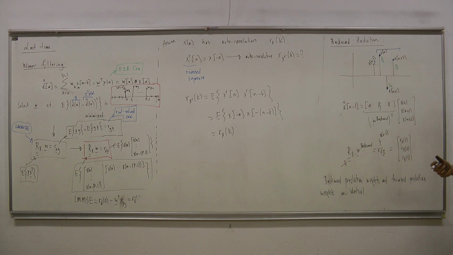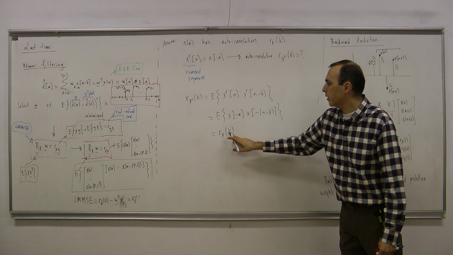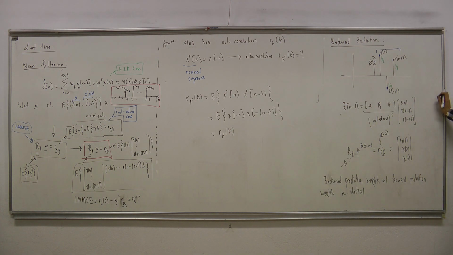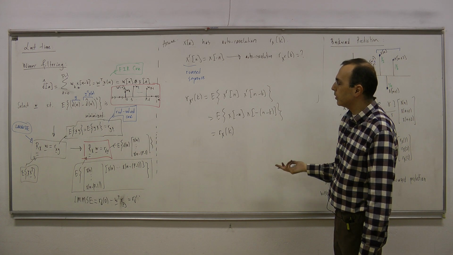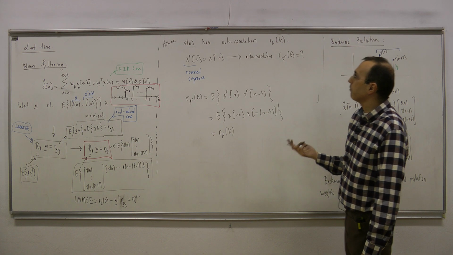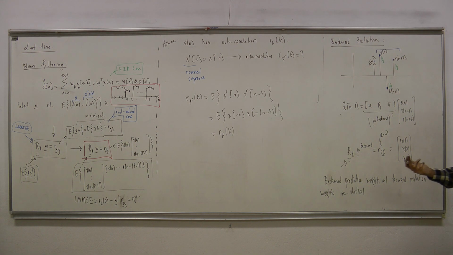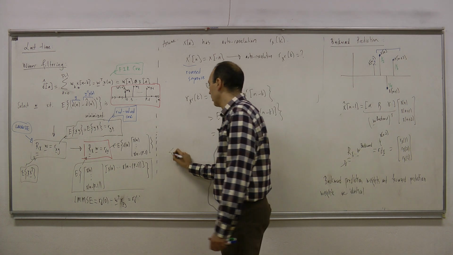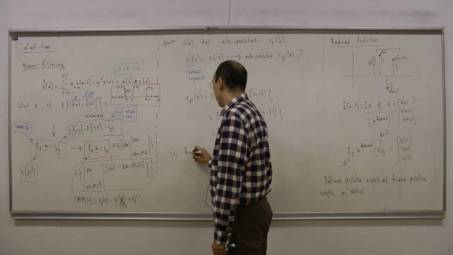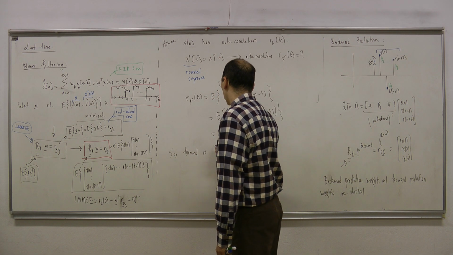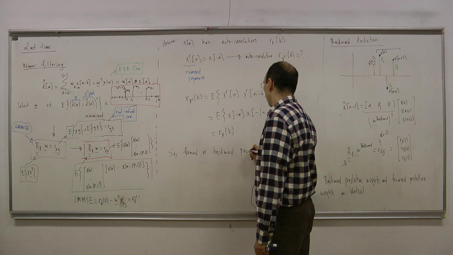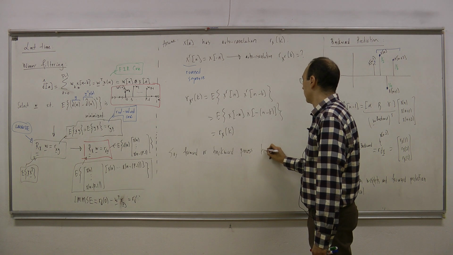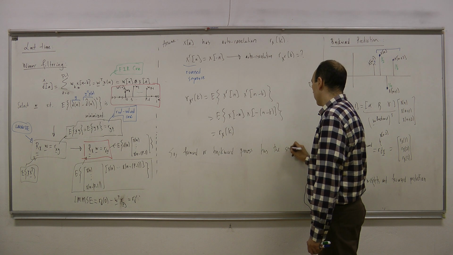Because this is a real valued process, it doesn't matter whether this is Rx of plus k or minus k. So the difference is k samples, as you see, because this is minus n plus k. So what do I see? Now if I run this process in the forward time or the backward time, so forward or backward process has the same autocorrelation.